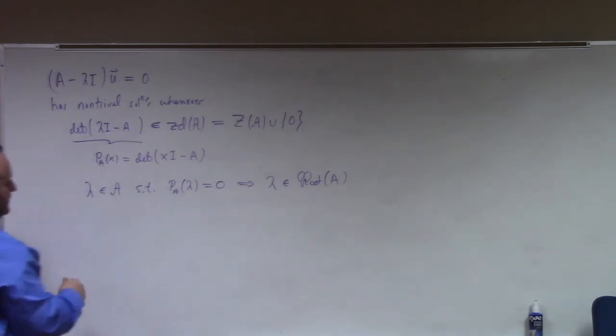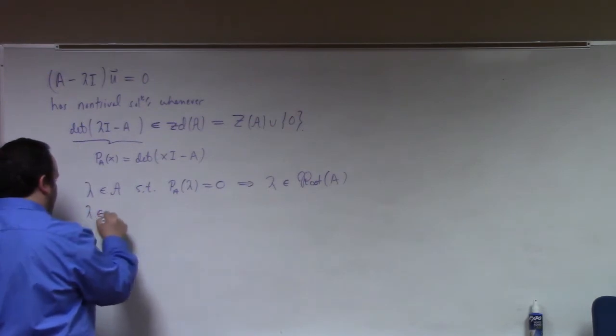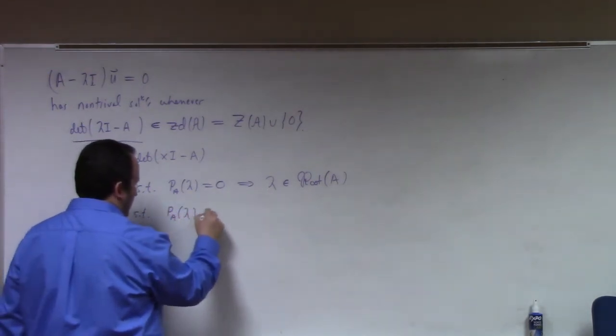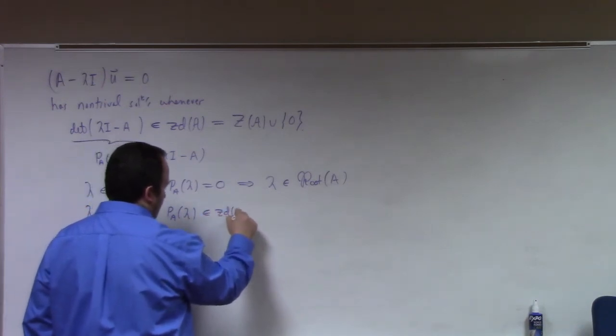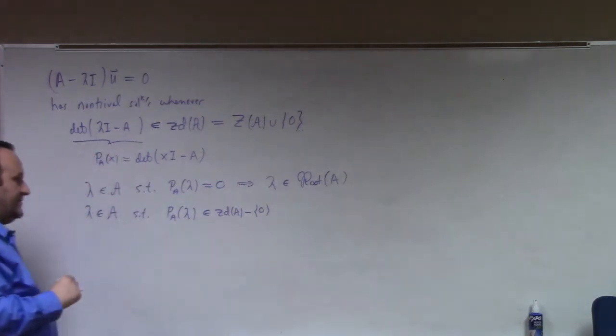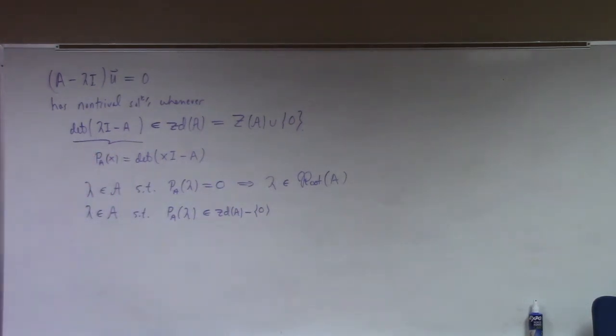But all right. On the other hand, if we have lambda in A such that PA of lambda is an element of the zero divisors of A without 0 in there, all right. There's the cost of my notation, because I'm saying a non-zero zero divisor, right?